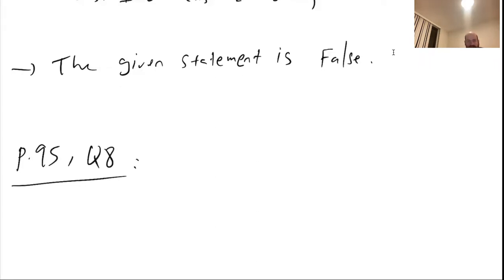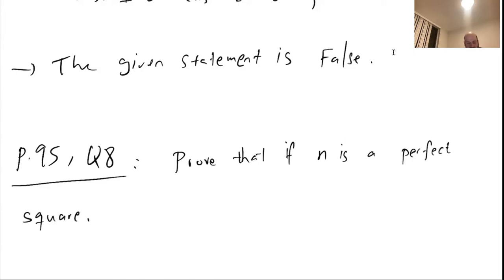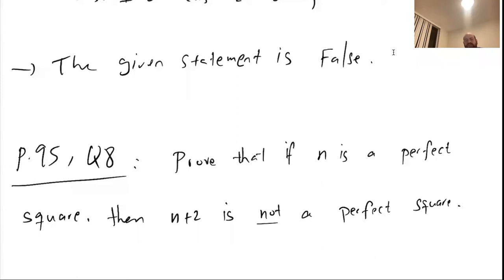Prove that if n is a perfect square, then n plus 2 is not a perfect square. So we want to show that n plus 2 is not a perfect square.